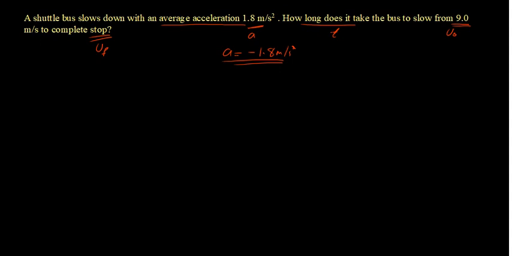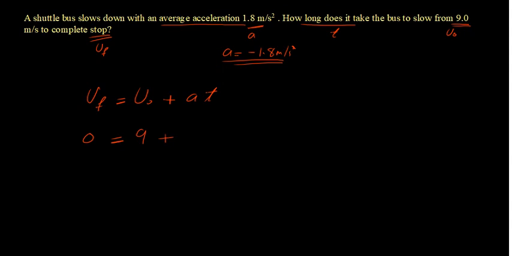Okay, so again, these are the variables I have. Let's find out which equation could be the really good one. I have v final, v initial, acceleration, and time. There's no need to think about how far the bus traveled. So it's the same as the previous example. It's v final equals v initial plus at. Now to stop, the final is 0. The initial was 9 meters per second.